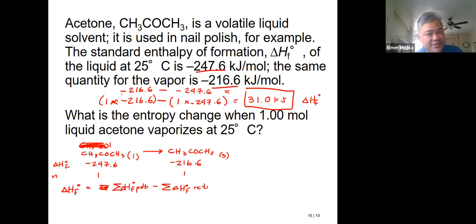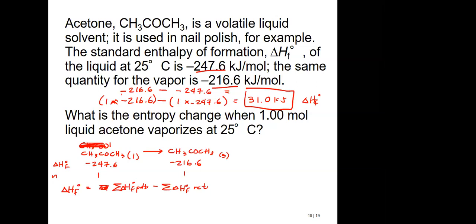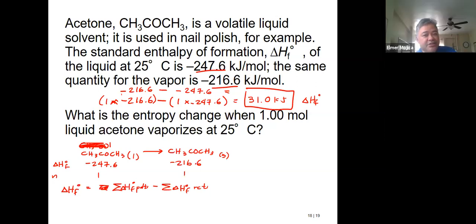Does that make sense? You're going to need energy for the liquid to become gas. Okay. So that's the thing that you need to look at in the numbers that you will get.